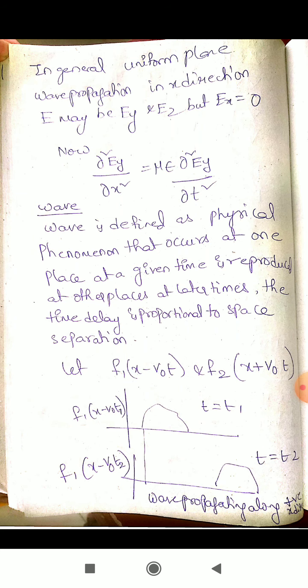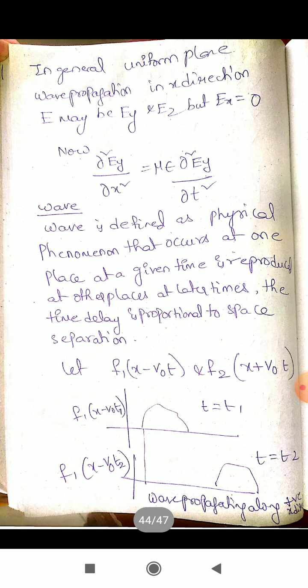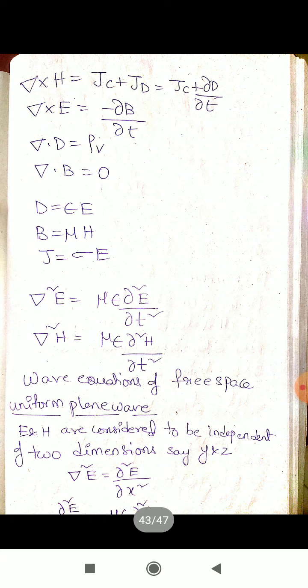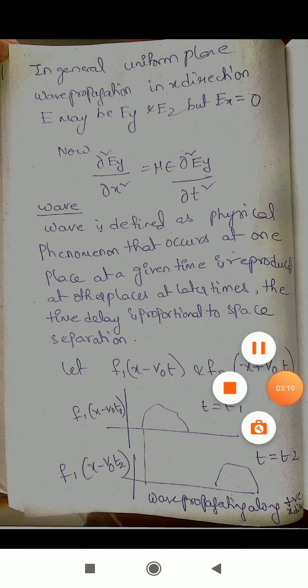With this assumption, we can write the wave equation as dou square Ey by dou x square equal to mu epsilon dou square Ey by dou t square, as Ex equals 0. So these are the two things we have come across with the uniform plane wave. One is that when the wave is propagating along the x direction, E or H is independent of y and z. The second is that the Ex component or Hx component is equal to 0. Then we can represent the wave equation as dou square Ey by dou x square equal to mu epsilon dou square Ey by dou t square.